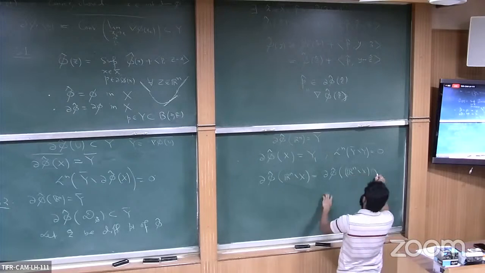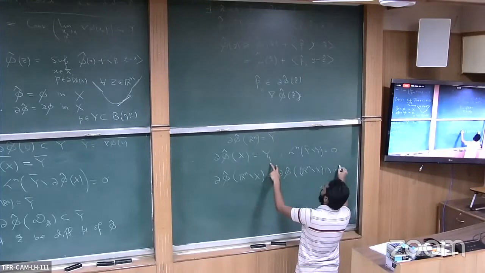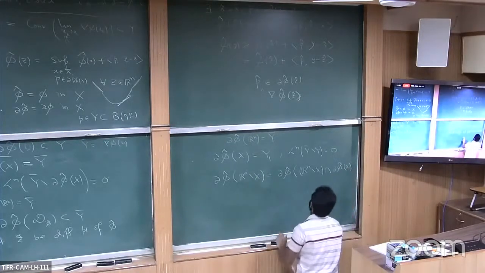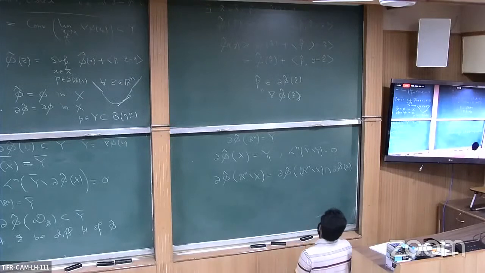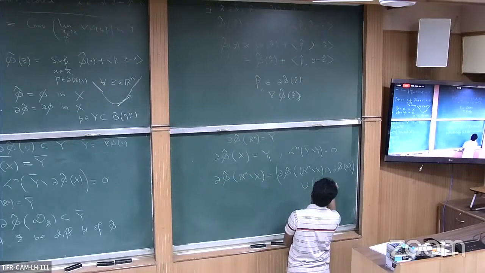I will take the intersection with the subdifferential phi hat of x, and union this y minus y closure minus y1.